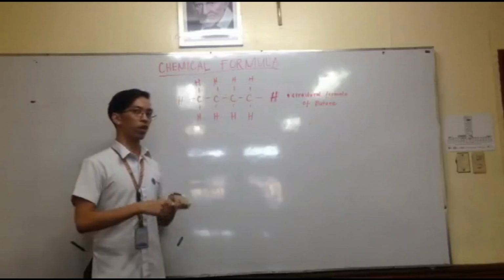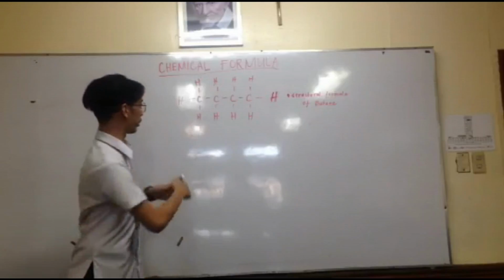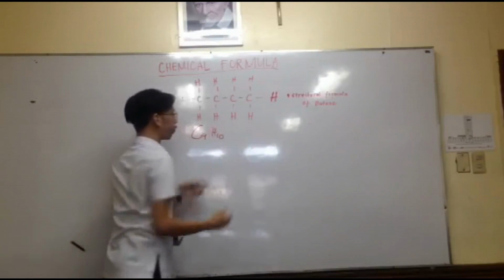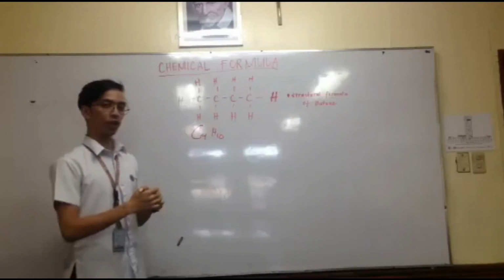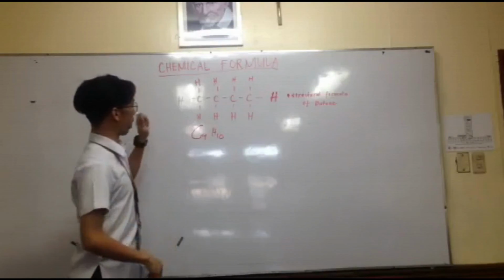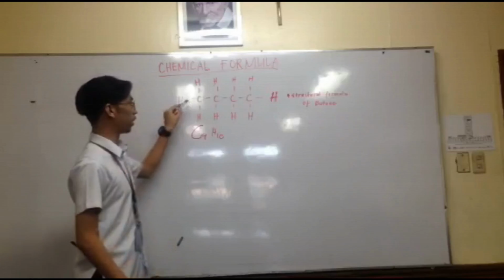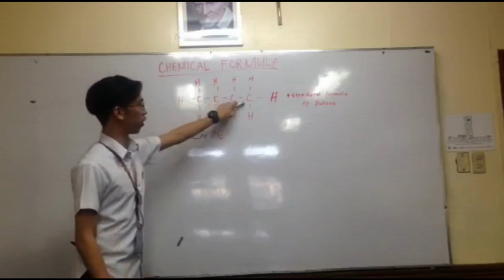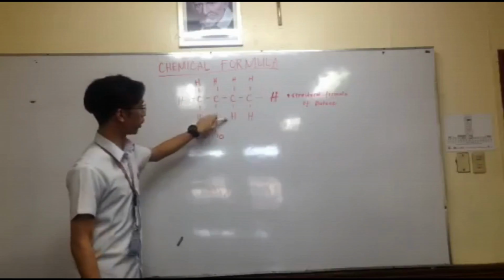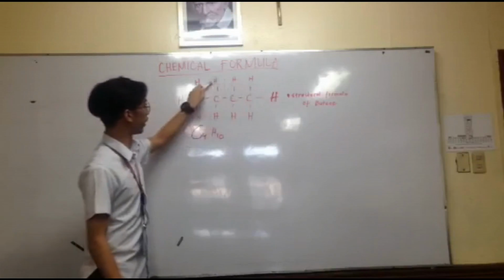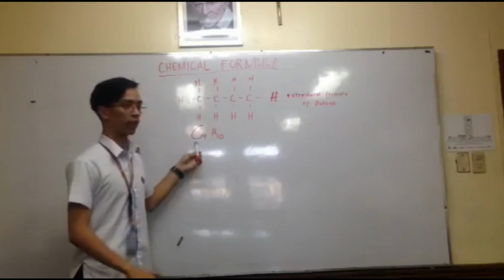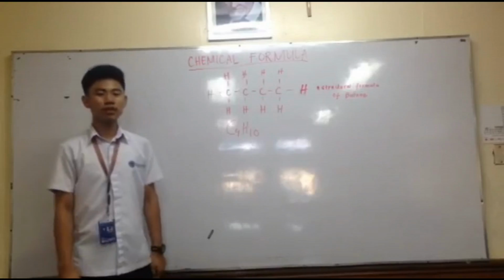The answer for the molecular formula is C4H10. We just counted how many elements are there in the compound: 1, 2, 3, 4 carbons, and 1, 2, 3, 4, 5, 6, 7, 8, 9, 10 hydrogens. So we got C4H10.